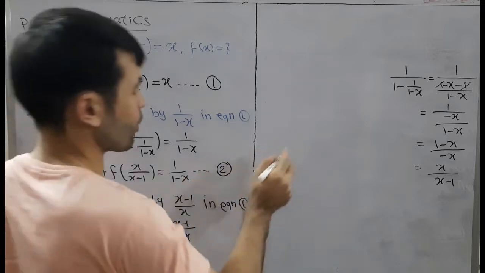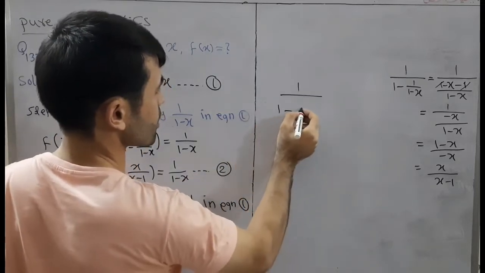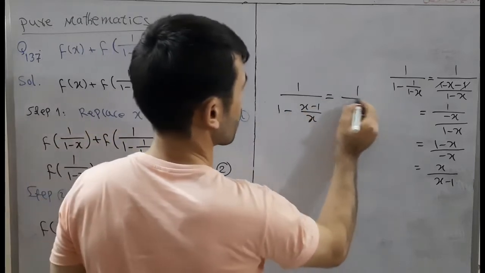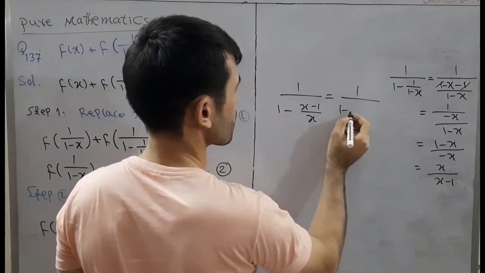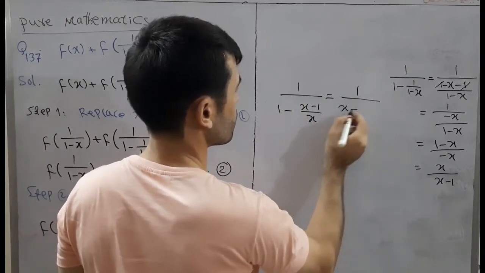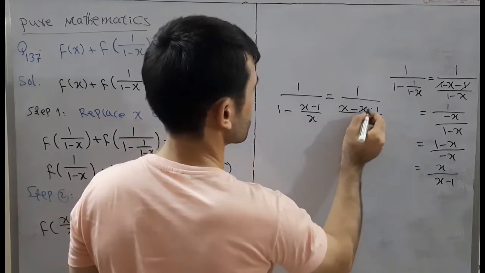Now we simplify this fraction 1 over 1 minus x minus 1 over x. It is equal to 1 over 1 minus 1 multiplied by x, x minus x plus 1 over x. These two cancel.